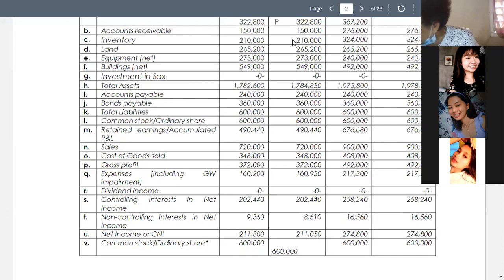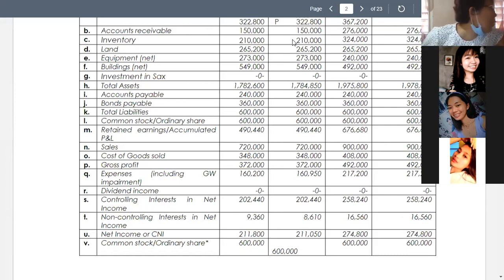That's 342,000. But we are adding 6,000 as debit to cost of goods sold because of the inventory of 6,000 which was undervalued. So we now get total of 348,000. You will find the supporting entries in our next requirements.